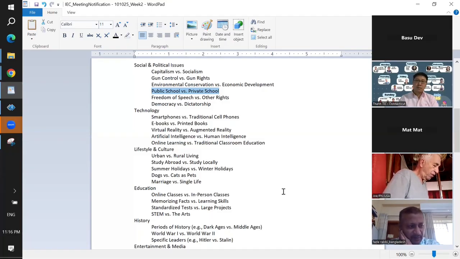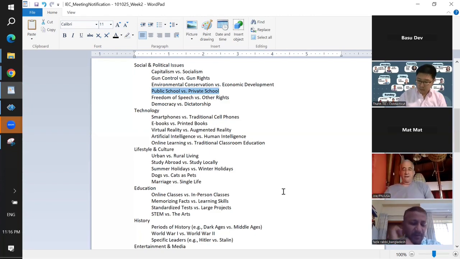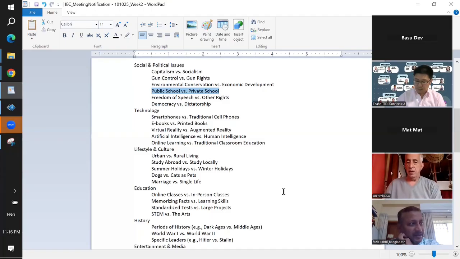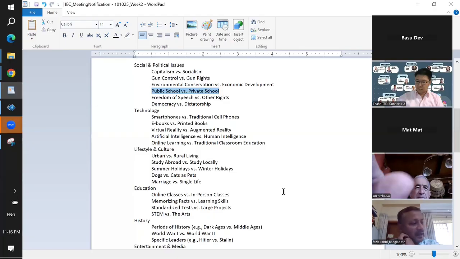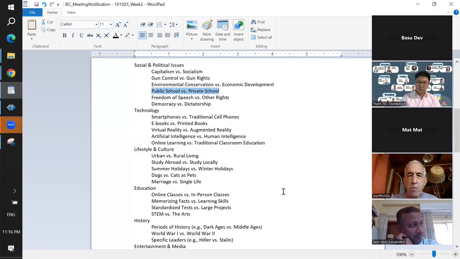There is also the reason that the tuition fee and different other fees are cheaper than the private school. So low income families cannot afford the tuition fees and other things. So these are the reasons they choose the public schools first.